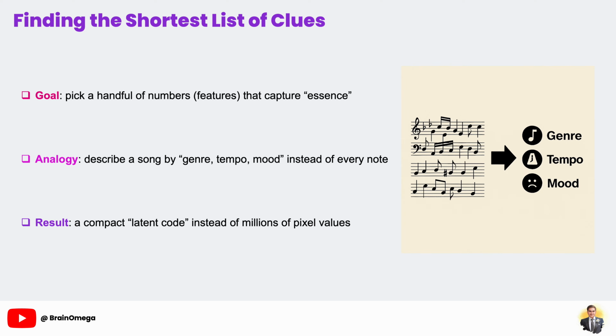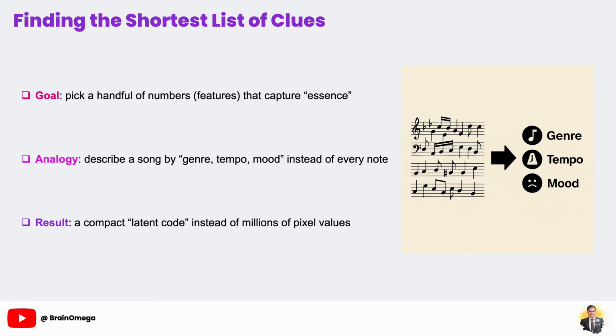Once we accept that our data lives on a curved sheet, the next question is, how do we summarize each point on that sheet with as few numbers as possible? Think of it like this. If you had to describe your favorite song to a friend over the phone, would you recite every single note? Probably not.